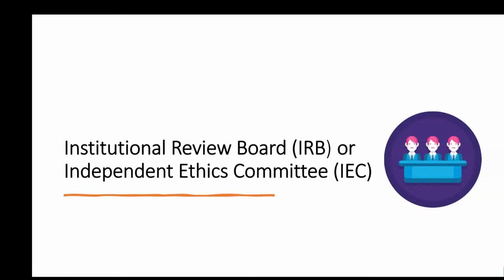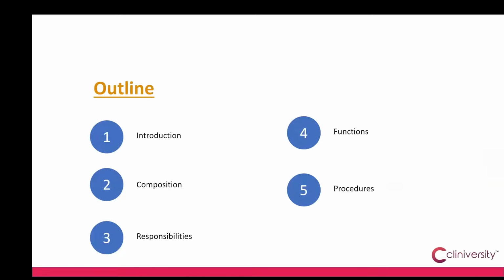If you take the example of Apollo hospitals, they are not connected with any institution. It's an independent hospital, so they are going to have an independent ethics committee. So that is the only difference. It is an institutional review board, or it is an independent ethics committee. Both are ethics committees. So we will see the introduction, composition, responsibilities, functions and procedure of IRB and IEC.